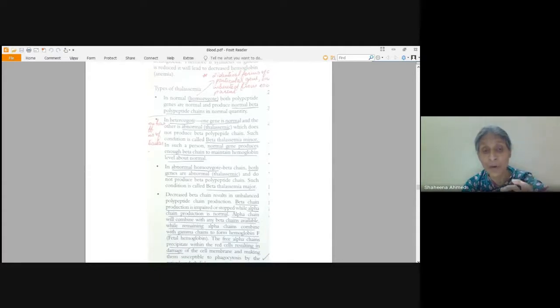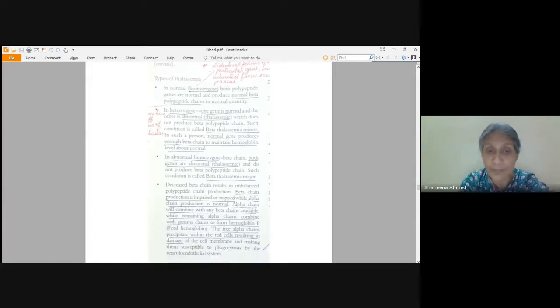When we put the word abnormal in front of homozygote, that means one gene which was contributed by the father was abnormal and the other gene which was contributed by the mother was also abnormal. So abnormal homozygote, when both genes are abnormal from both the parents, then that child will get thalassemia major.